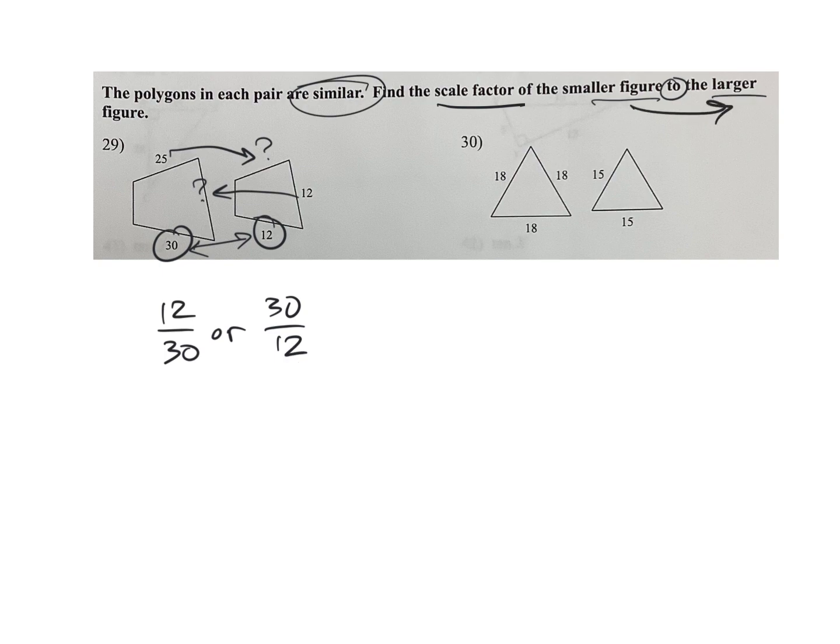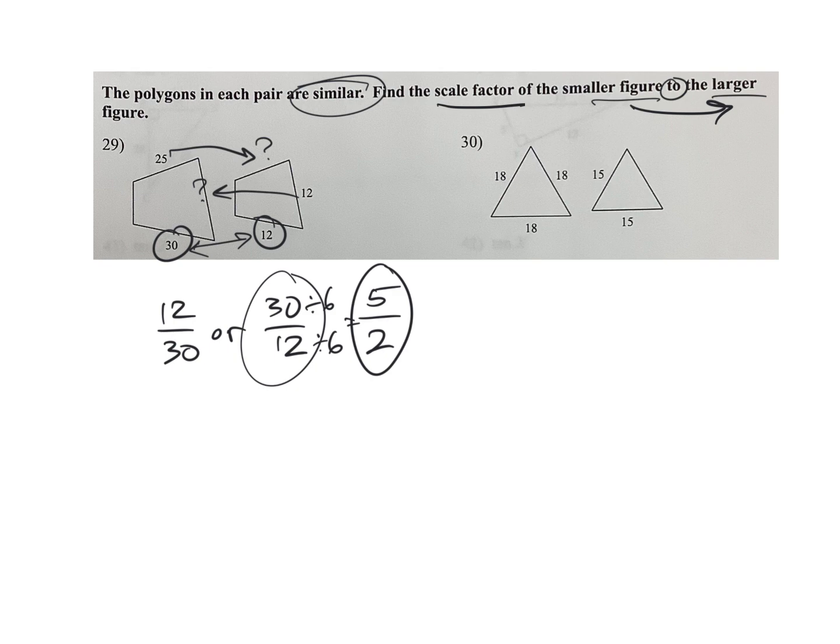If you're getting bigger, the bigger number goes on top. So 30 twelfths, but then reduce it. They are both divisible by 6, and you get 5 over 2. So 5 halves is the scale factor for 29.